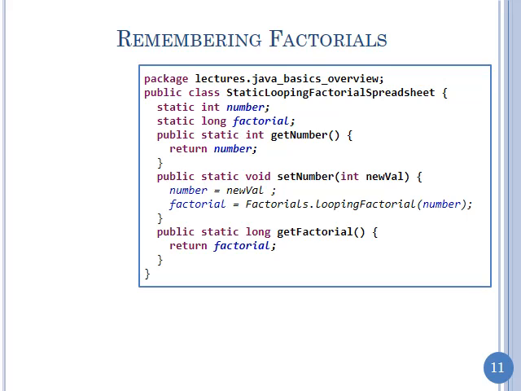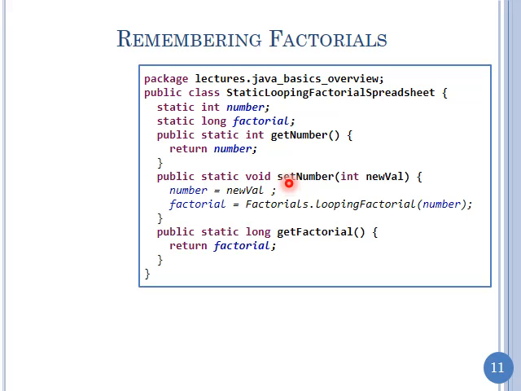I've got another class. The class stores 2 variables, a number and the corresponding factorial. Okay? It has a method to return the number if somebody wants to know what the currently remembered number is. It's got a way of setting the number.